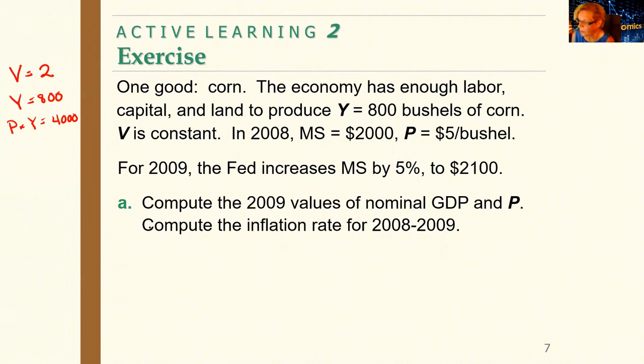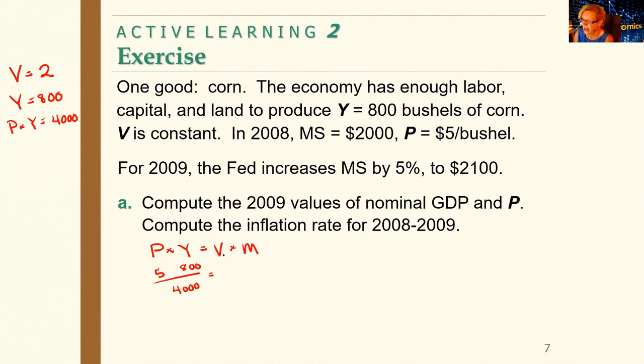We can use the quantity equation here. The price level times real GDP is equal to velocity times the money supply. We've already calculated real GDP as 800, and the price level was $5, so that gives us 4,000 over here.